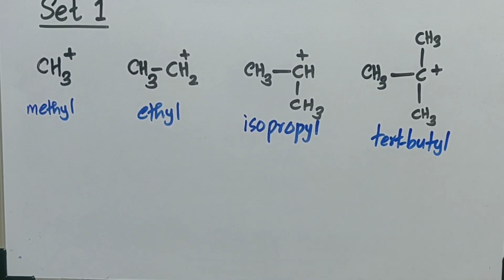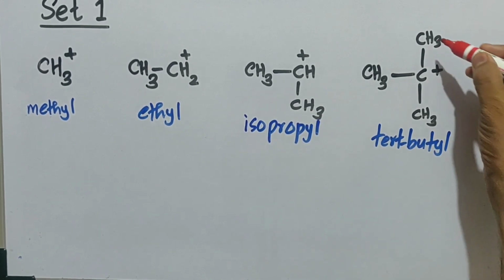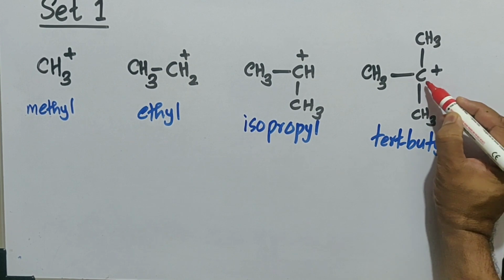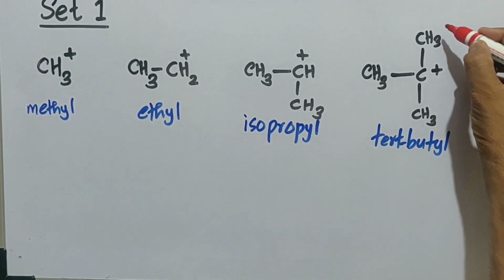Now listen here. Which factors are playing here for the stability? In this carbocationic species, three methyl groups are attached to the positively charged carbon. Methyl groups are +I groups.